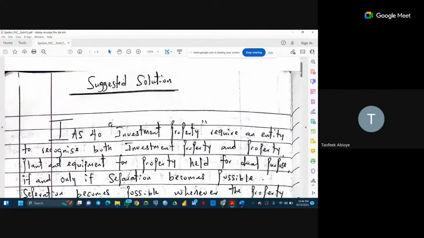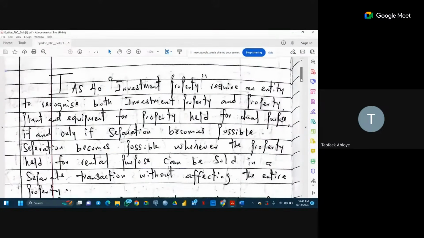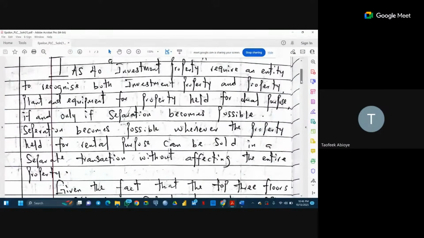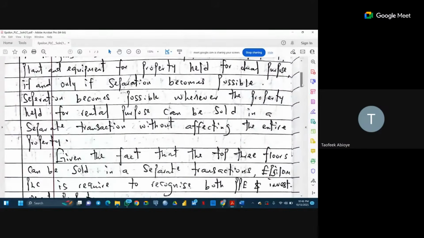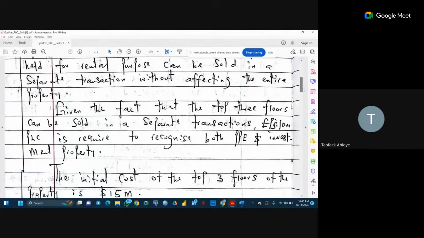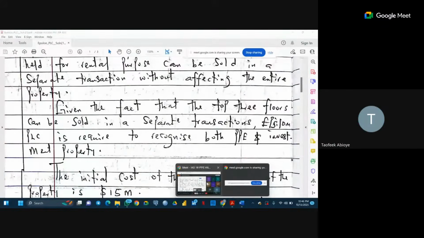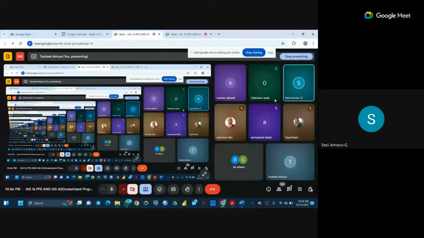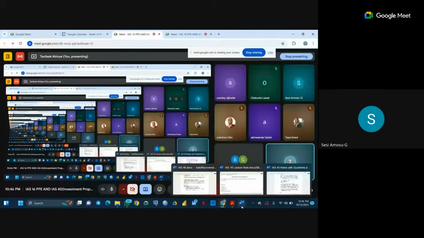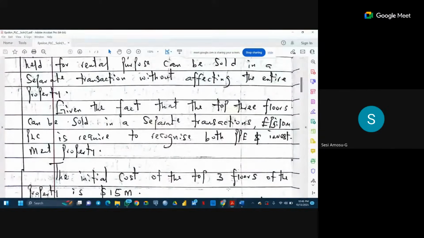And you can see from the solution that we try to explain the reason why a property should be an investment property. Given the fact that the top 3 floors can be sold in a separate transaction, Epsilon is required to recognize both PPE and investment property. This is an example of the question that Mr. Olakule is asking. If you look at the solution here, they told us clearly in that question that Epsilon is out of 4 buildings.